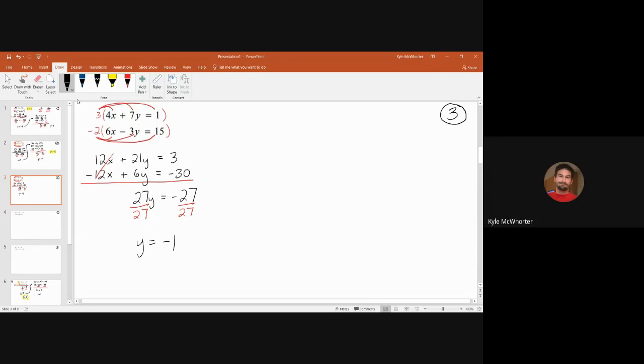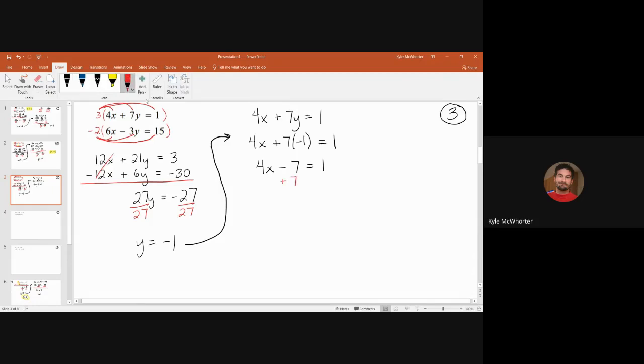And now I'm going to plug that into one of our original equations to solve for x. I'll just take the top. 4x plus 7y equals 1. I'm going to substitute my -1 in for y. So 4x plus 7 times -1 equals 1. So that's 4x minus 7 equals 1.